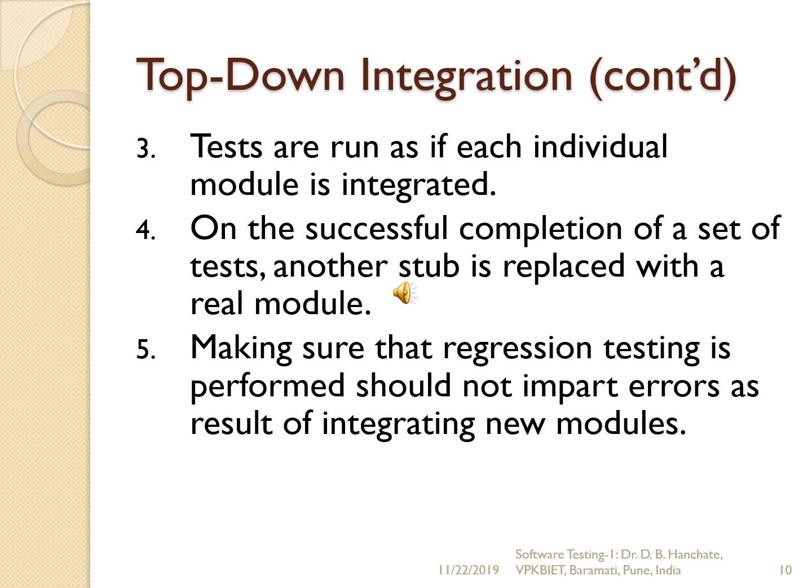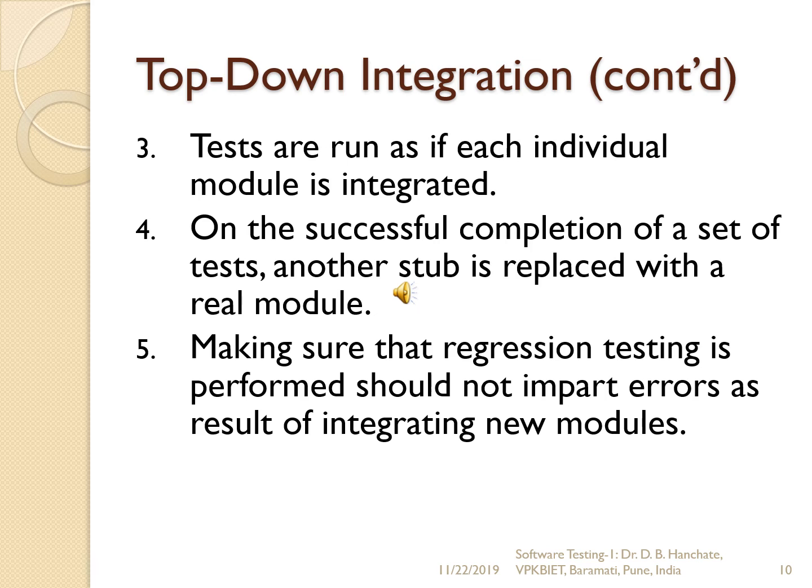We have to suppose that all the models which are there have been integrated, and then you are testing it. You have to suppose that the models are integrated and then test on that. On the successful completion of a set of tests, another stub is replaced with a real model.